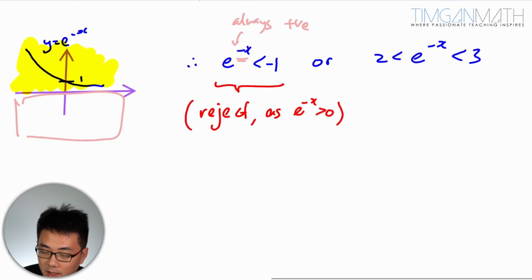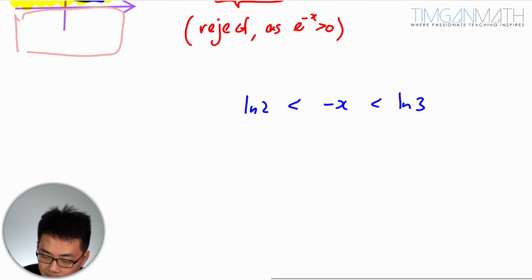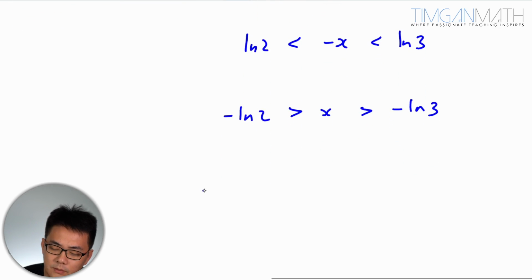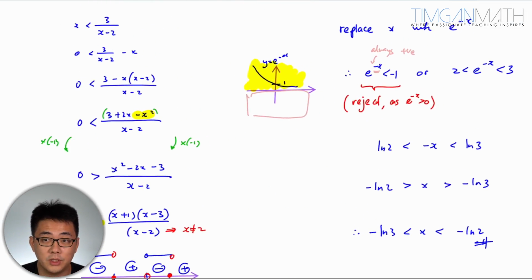Just reject that. And what we're going to do is ln both sides for this: ln 2 less than minus x less than ln 3, so negative ln 3 is between x and negative ln 2. That's how we do this question proficiently.